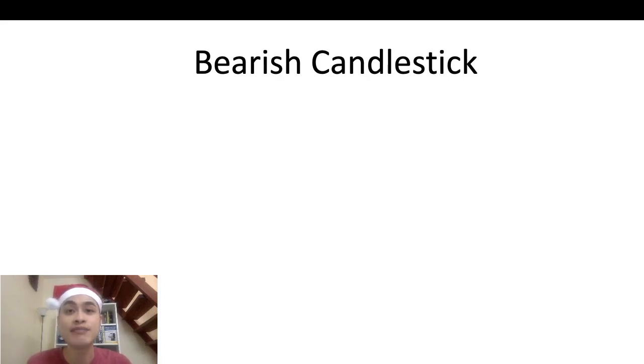And it is very similar for a bearish candlestick. So for a bearish candlestick, let's say that prices open at $100. Maybe at the start, buyers were more excited and they managed to push prices up to $102. But once at $102, the sellers start to take control and started to sell their stock. So these sellers will push prices all the way down to, say, $95.